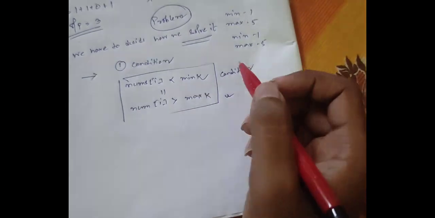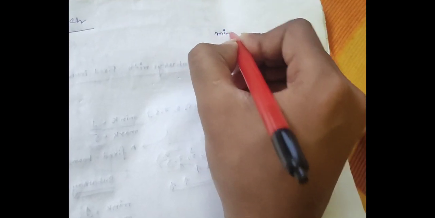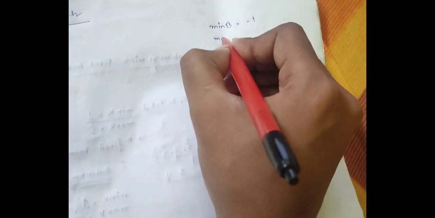So how do we solve the question? The approach: we can initialize the min boundary as -1, the max boundary as -1, and the bad boundary as -1. Now I am describing what the min boundary, max boundary, and bad boundary are.